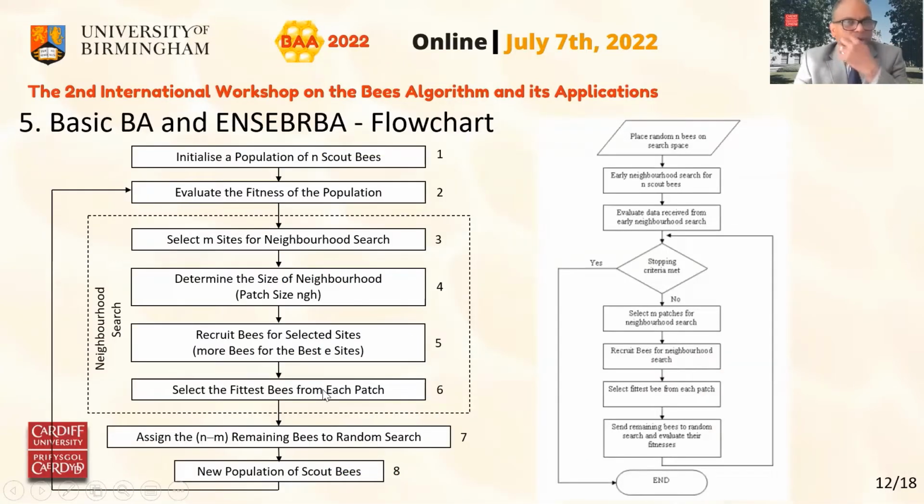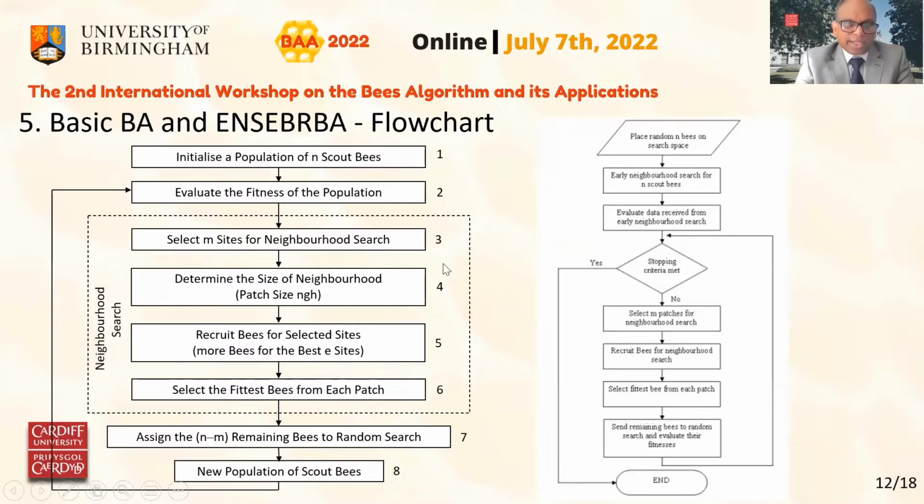So here I have the standard, basic bees algorithm, which we're familiar with. Okay, so initialize, evaluate the fitness, and select the M sites which are promising for the neighborhood search, determine the neighborhood size, recruit bees from the hive to the elite sites and find the fitness.